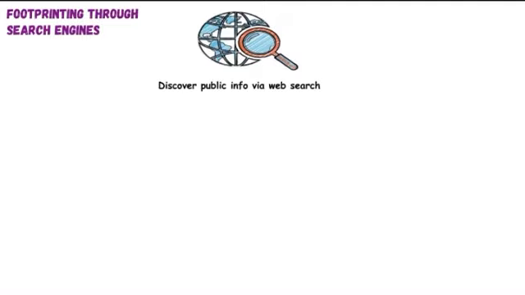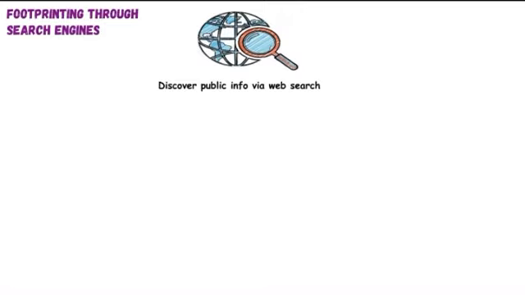Attackers use specific search queries known as Google Dorks to unearth sensitive information that organizations might inadvertently expose. This can include confidential documents, employee directories, login portals, or even error messages that reveal underlying system details.